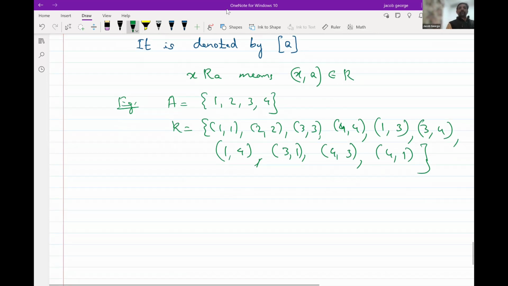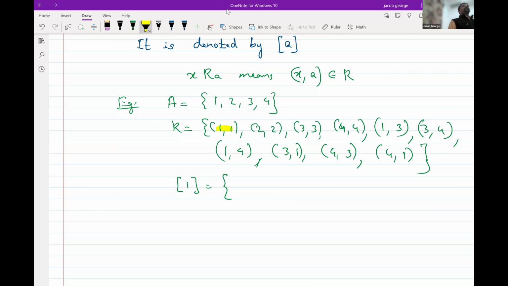Now I'm going to write the equivalence class of 1 for this one. Equivalence class of 1 means elements which are related to 1. What are the elements related to 1? 1 should be there in place of y.